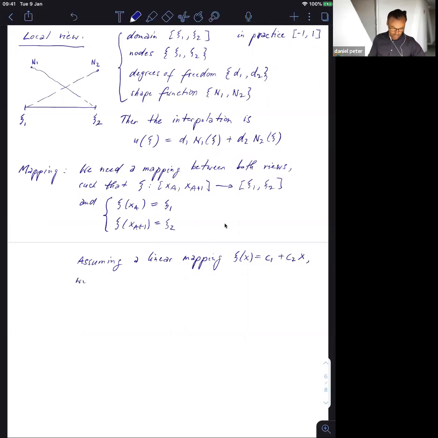What we find for these coefficients is that psi of x is 2x minus xa minus xa plus 1, divided by the element size HA.